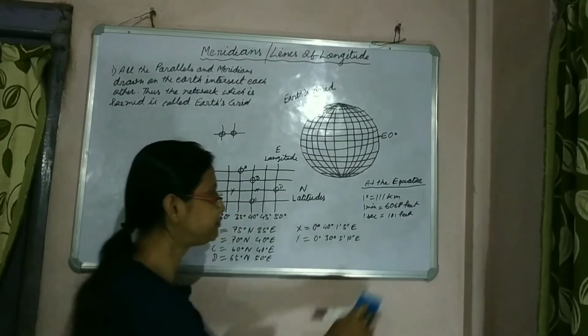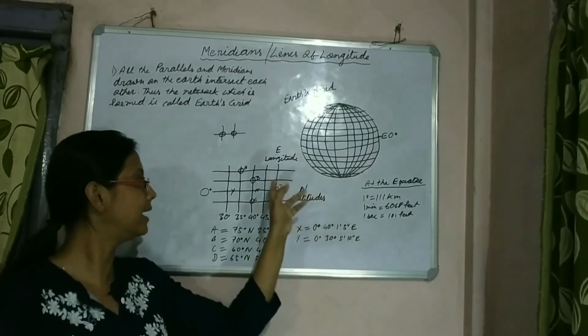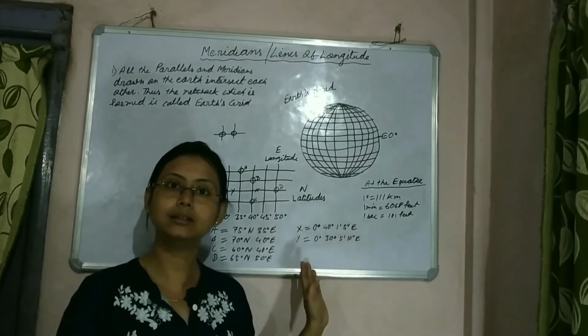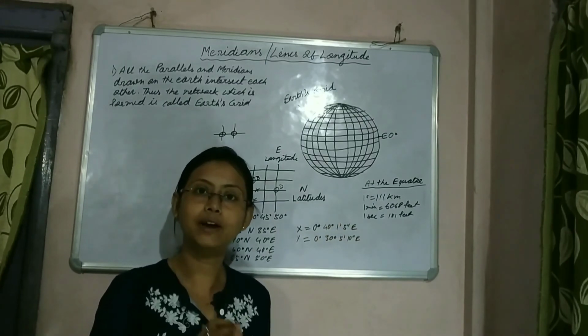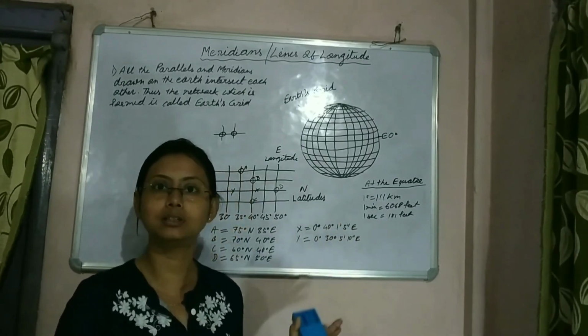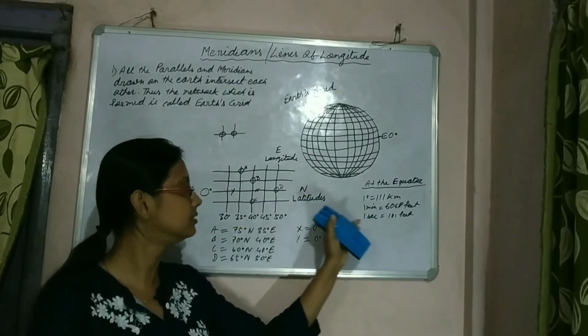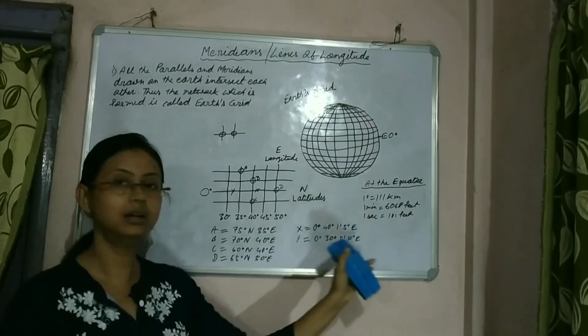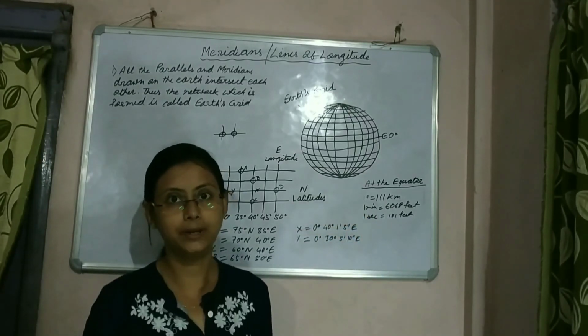So these will be the coordinates of place X and place Y, and this is how we locate or find out the locations of every place on the surface of the earth. These figures are called the coordinates of a place.